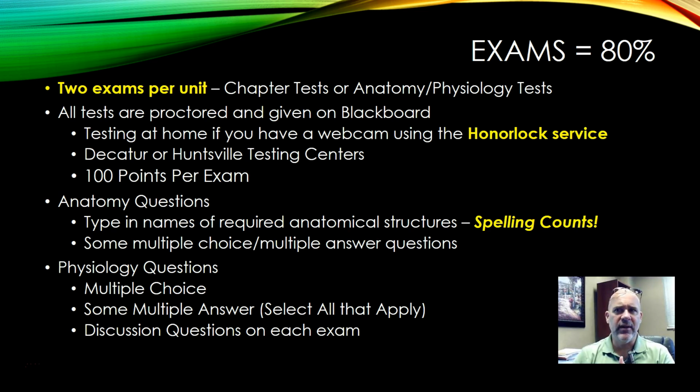But for most of the remaining units, I have it divided up by chapter or chapters. And so on a particular exam, you will have both the anatomy lab content for that chapter and also the physiology, the lecture type function questions on that same exam. So those things will be combined because it's easier to do that with an online course.